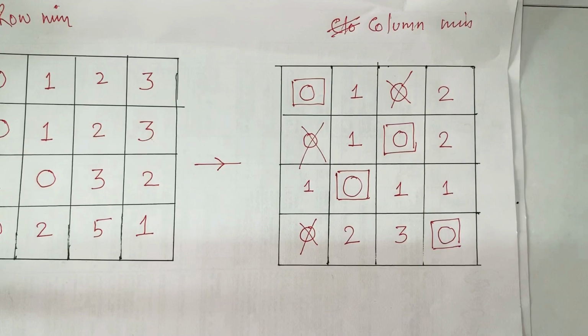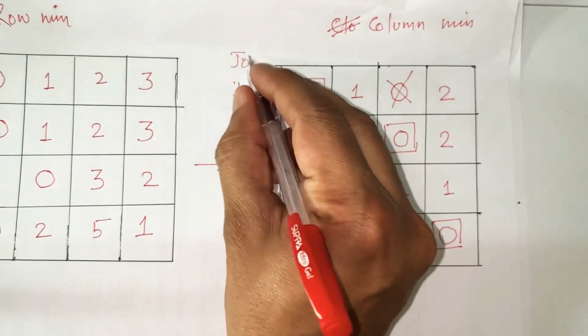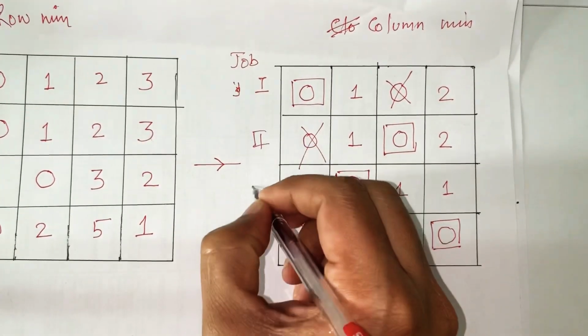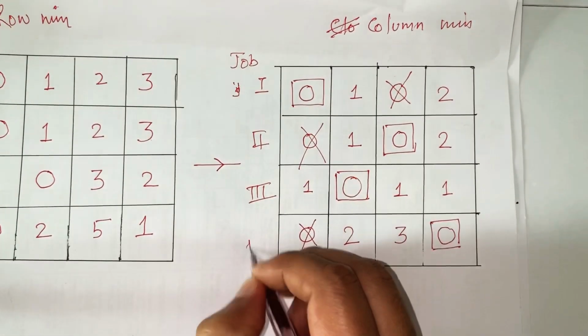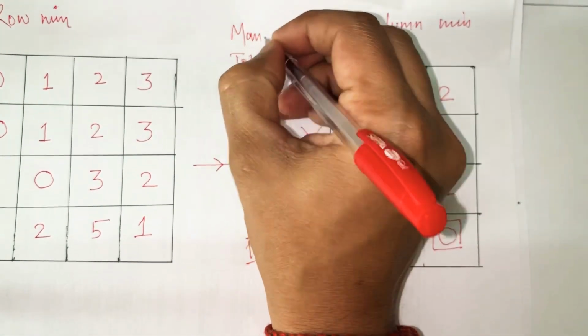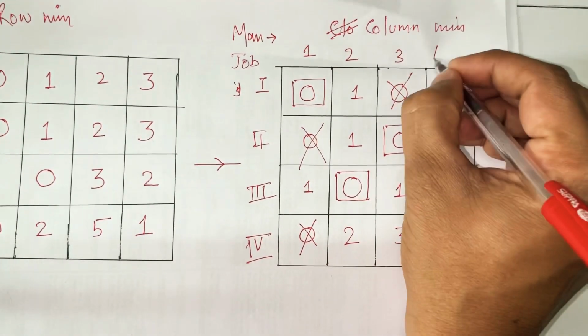So what exactly has to happen? I'm going to write jobs here. There were 4 jobs, 1, 2, 3 and 4, and there were 4 men, 1, 2, 3, 4.